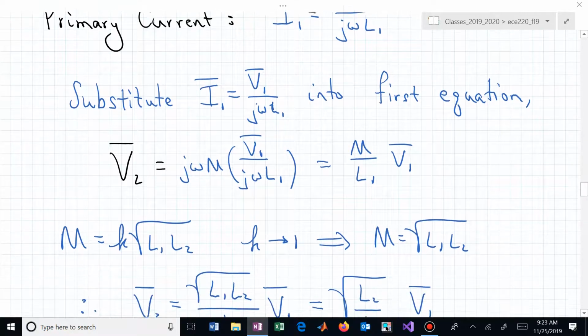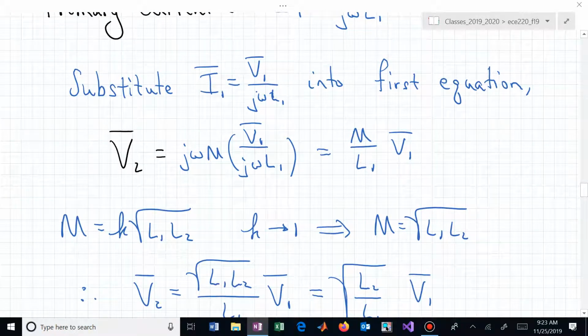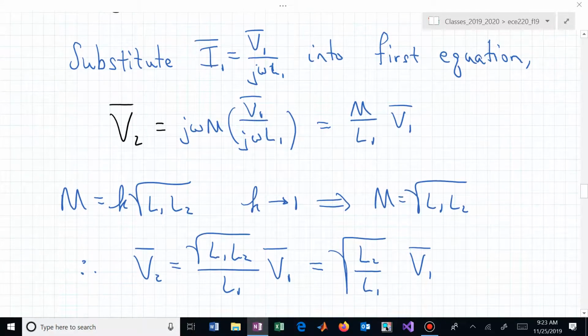In an ideal transformer, though, we know K is equal to 1, so the mutual inductance M becomes just the square root of L1 L2. If we do that substitution for M, now we have V sub 2's phasor equal to the square root of L1 L2 divided by L sub 1.